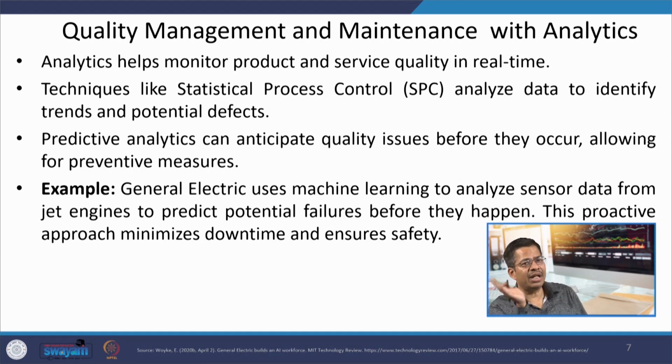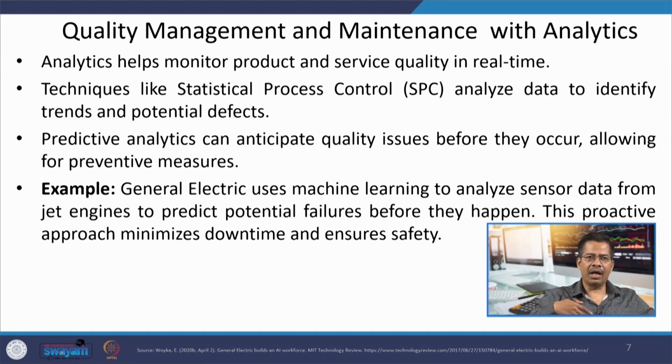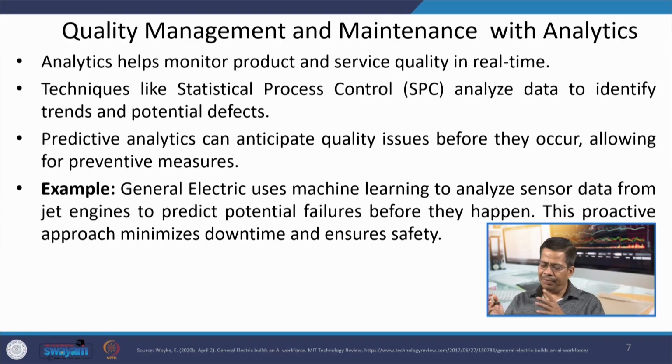But within that good quality, there are so many discussions. Good quality from the point of view of the customer, good quality from the point of view of the provider, and when as a customer I see good quality means fitness to use, that the product is useful for my particular purpose, that is a good quality product.